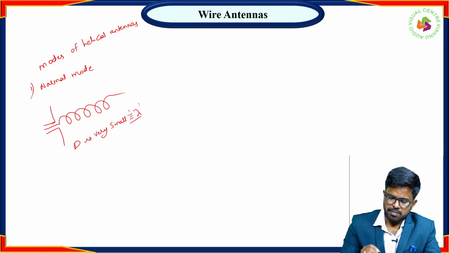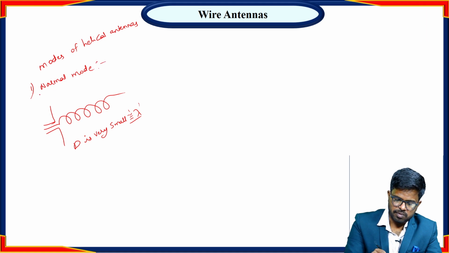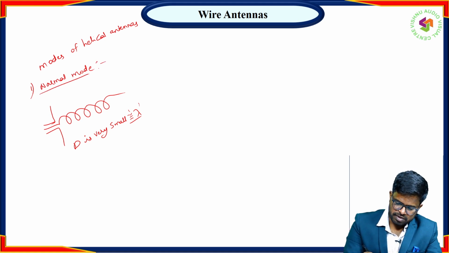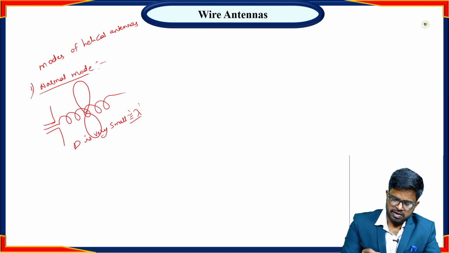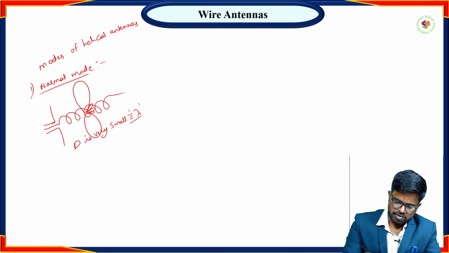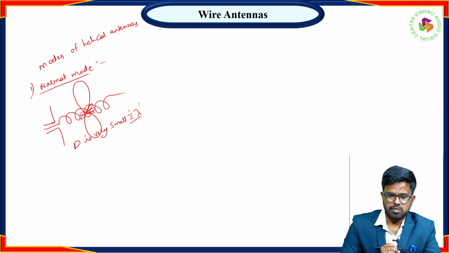If you compare with lambda, this diameter is very small, then it acts like a normal mode. In the normal mode, this helical antenna normally produces a broadside pattern, not an end-fire pattern.